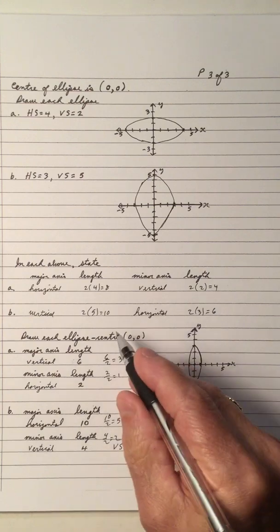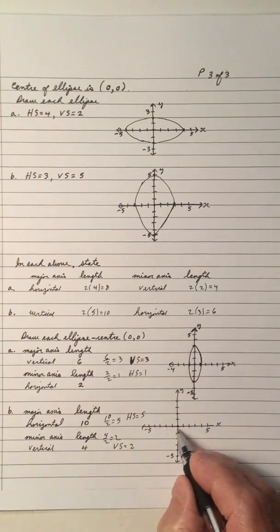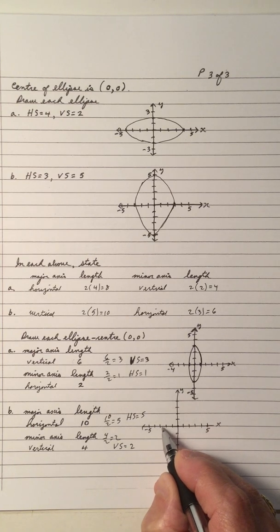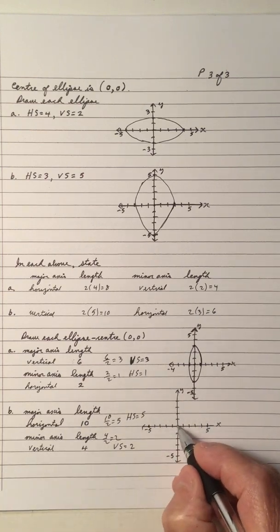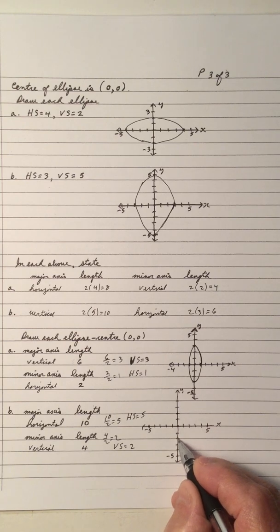So the center is 0, 0 right here. So the horizontal stretch is 5. 1, 2, 3, 4, 5 out this way. And 5 left, right to here. And the vertical stretch is 2, so it's from 0, 0, 2 up and 2 down.